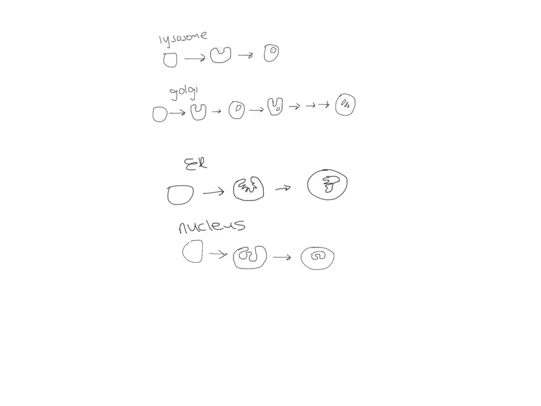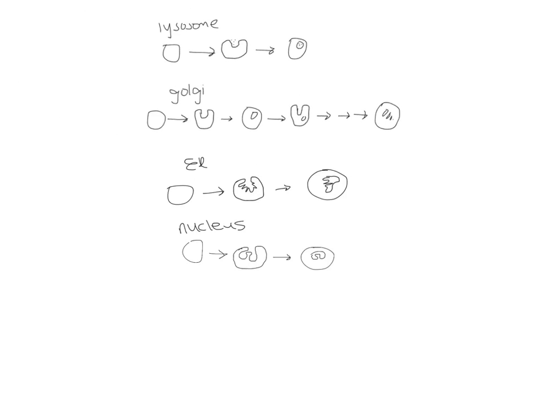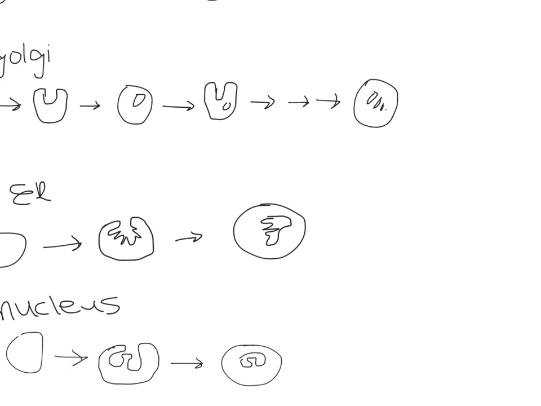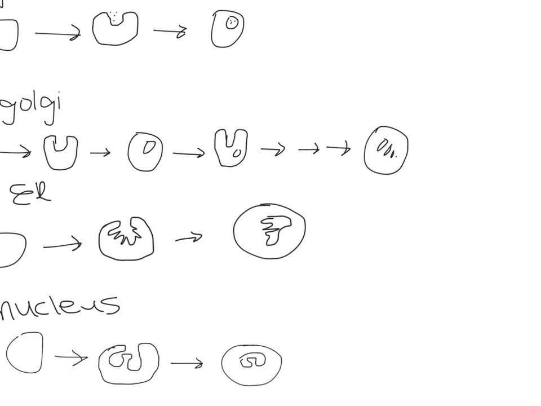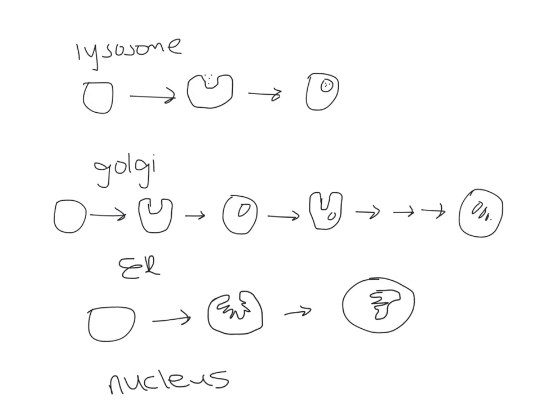Here, when looking at this diagram, you can see how the lysosome, Golgi, ER, and nucleus became one cell. So if you noticed, in all four of them, they all started as just a regular cell with nothing from the outside environment. When looking closely at the lysosome, it is noticed that the outside environment goes right inside.